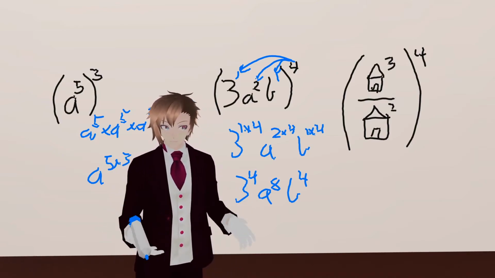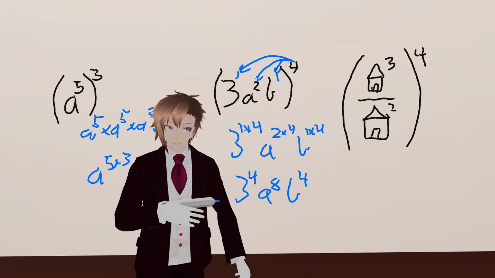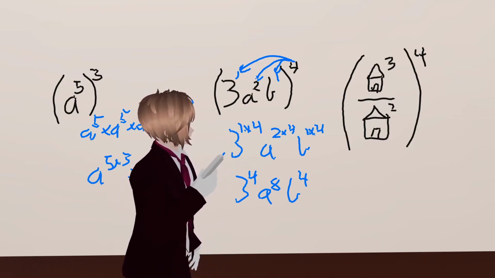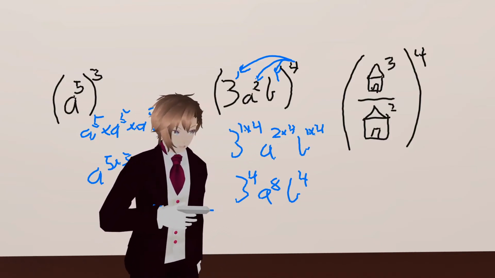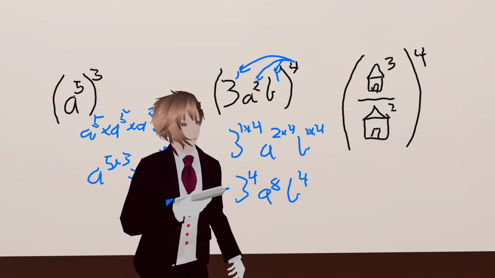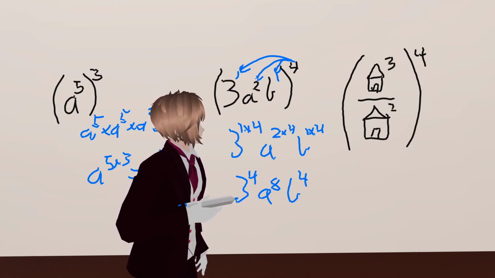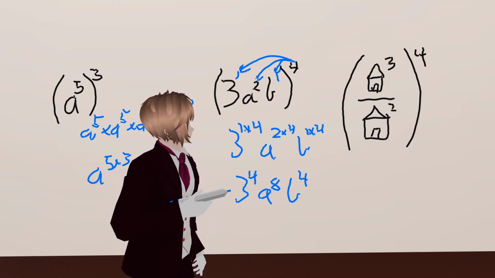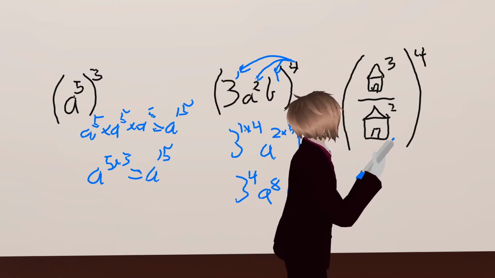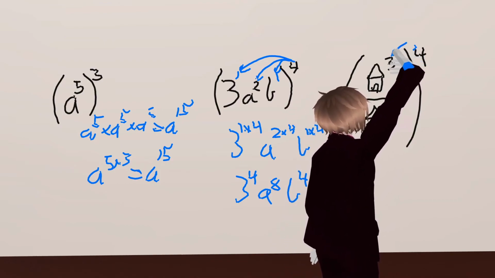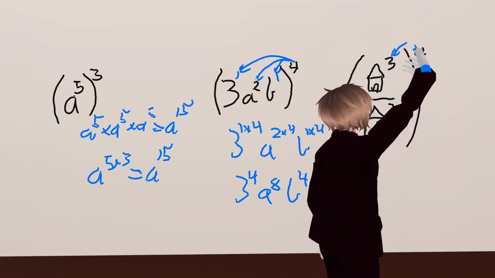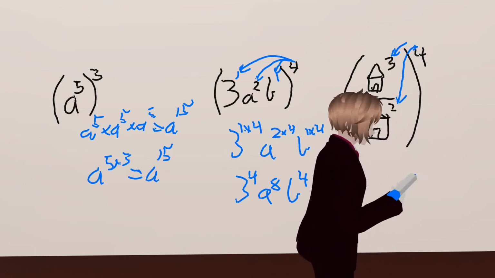The next example, again, variables are just symbols. So we have here house to the power of 3 divided by house to the power of 2. And we have 4 outside of the brackets. So what we can do is we can do 4 times 3, and we can also do 4 times 2.